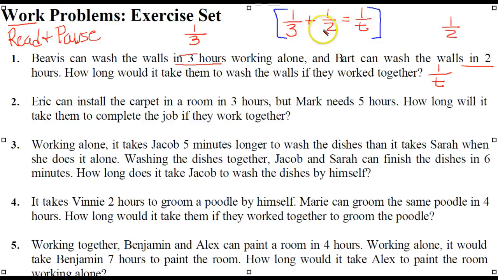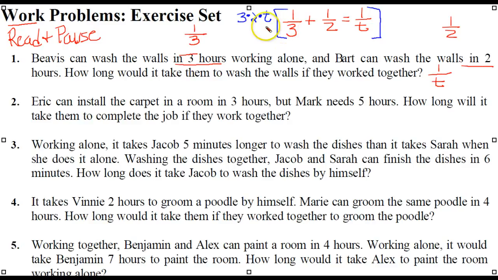Now, I could write it 6t, or I could write it 3 times 2 times t. I'm going to multiply each term by my lowest common denominator, which is 6t. But I've written it this way so perhaps you can get a better handle on it here.